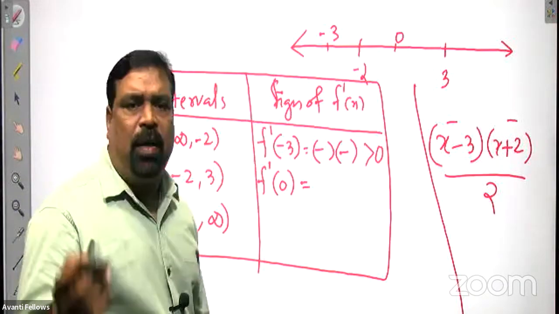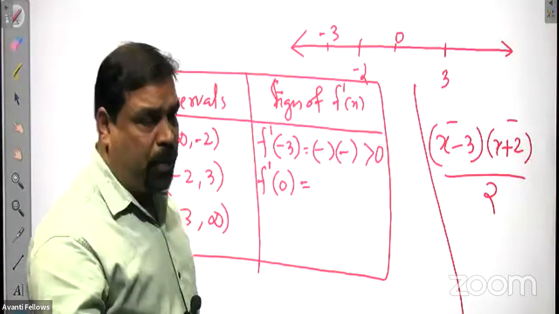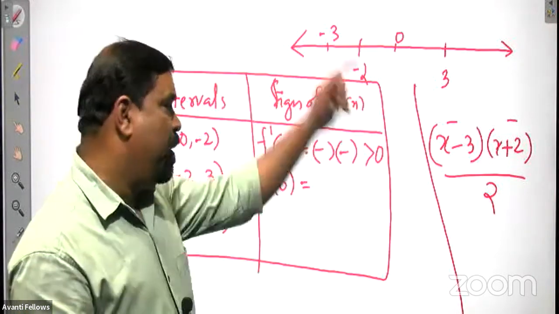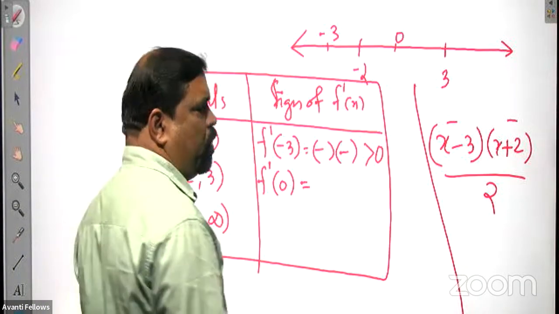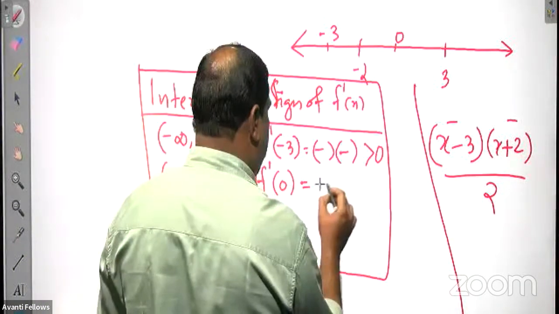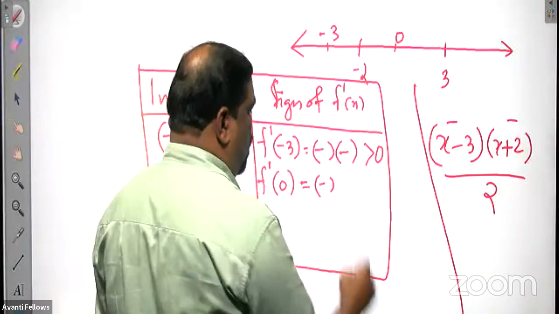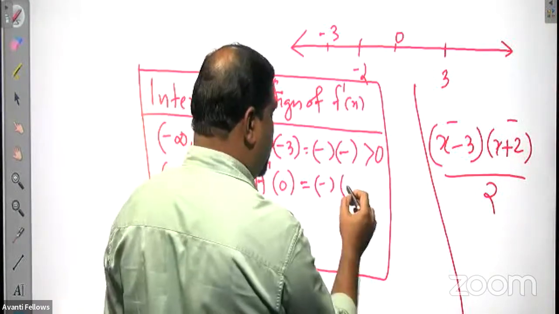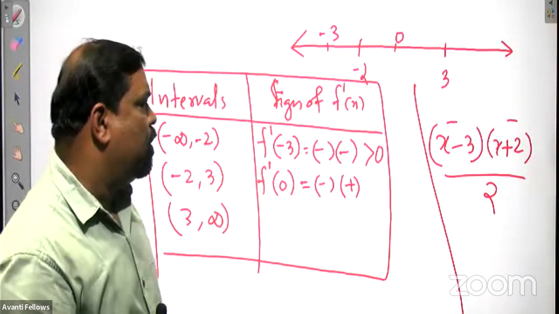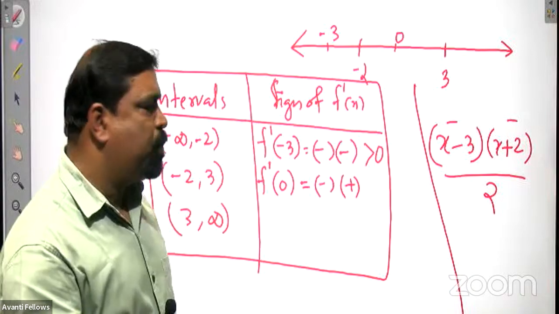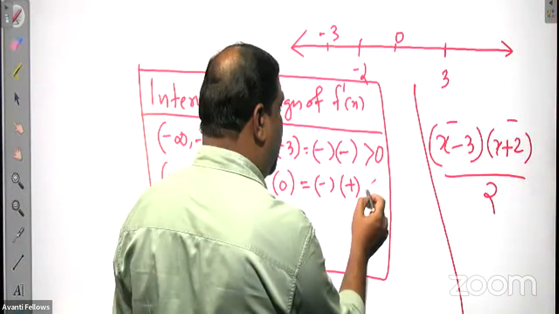There is no need of taking 0 only; you can take 1 or 2 also, because all of these belong to the same interval. So put x equal 0: x minus 3 is negative, and x plus 2 is positive. That means the product will be negative.